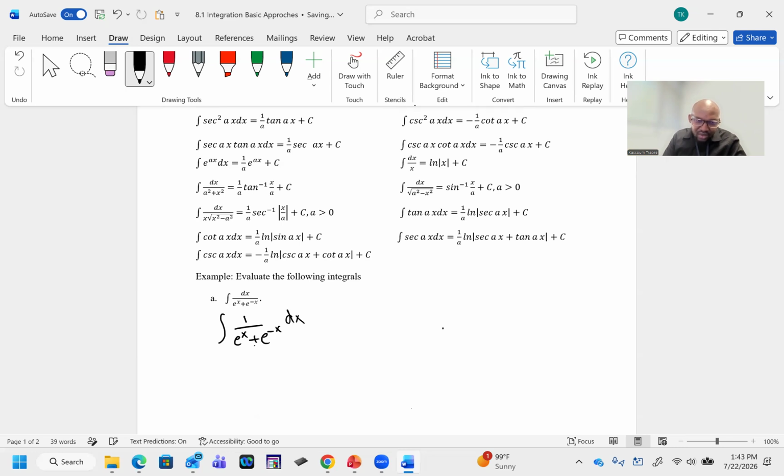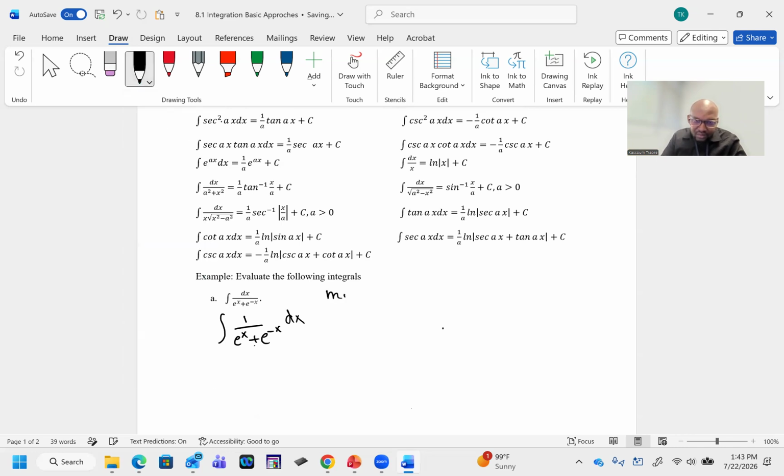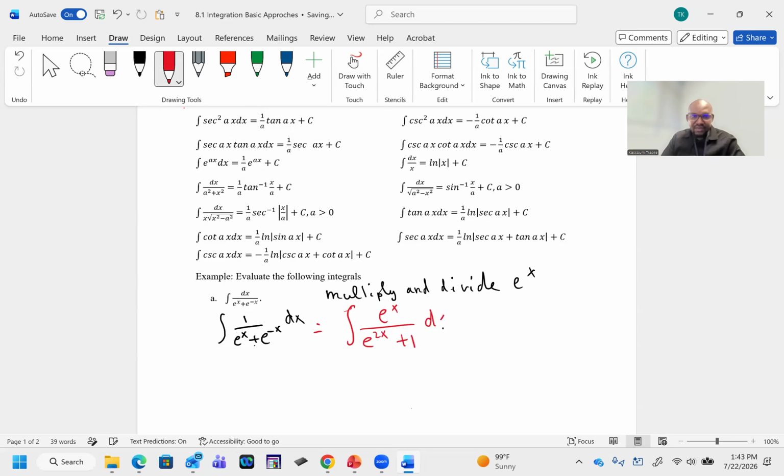What about if I multiply and divide by e to the power of x? Why am I doing this? So I will not have any negative power. If I do that, I will get e to the power of x divided by e to the power of 2x plus 1 dx, right?